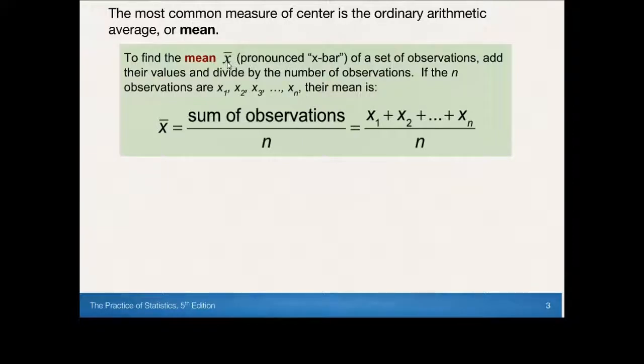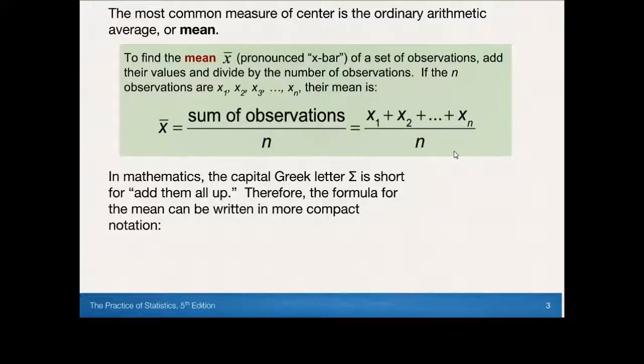In statistics, we use a symbol called x bar. X bar is how we're calculating, and this just means sum of observations. The subscripts here are just distinguishing them from each other, and it just means we add them all up and divide by the number of them.